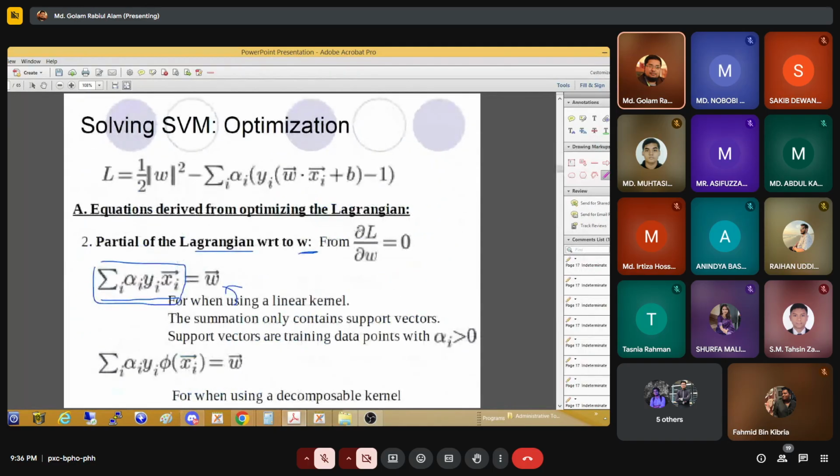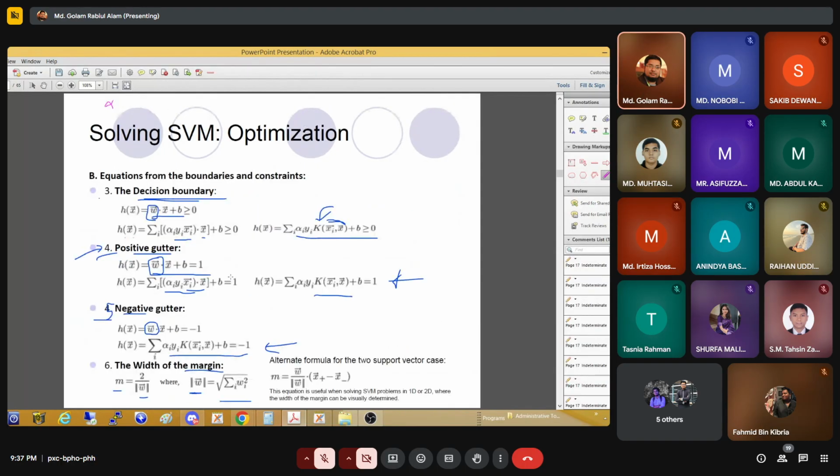So we can see the equation number 3, the decision boundary. Decision boundary actually, what is it? It is our W transpose X plus B. That is our decision boundary, and its value must be greater than 1.